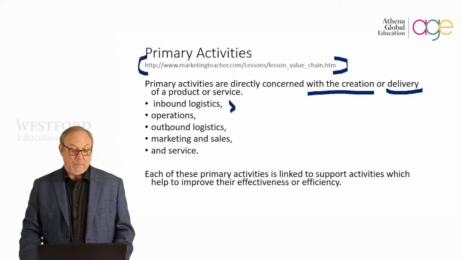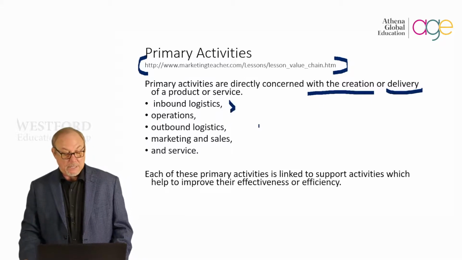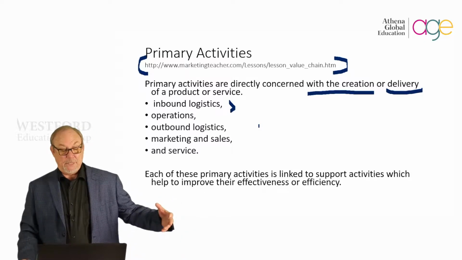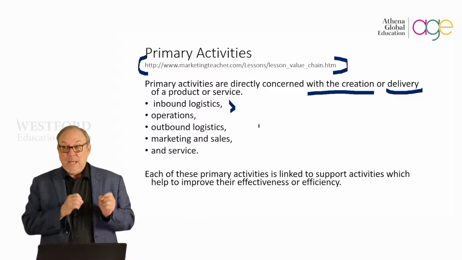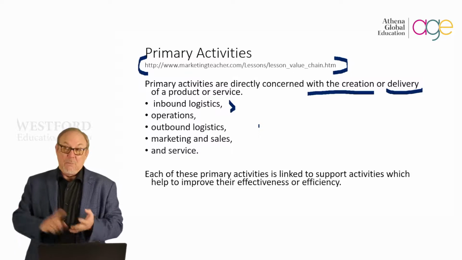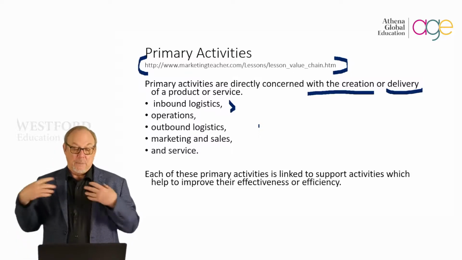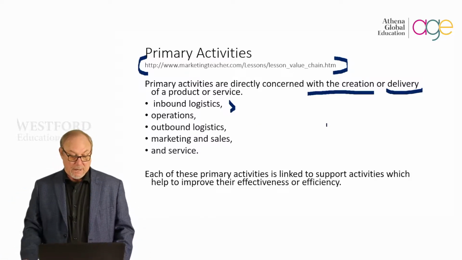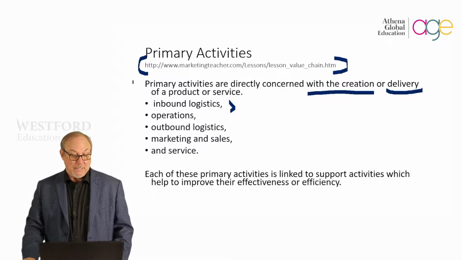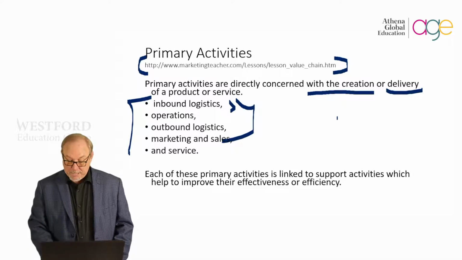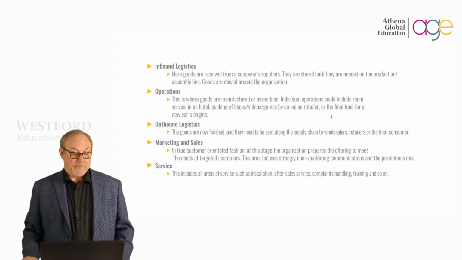Inbound logistics, operations, outbound logistics, marketing and sales, and service. Stuff comes in, you do something to it, you ship it out, you market it, you sell it, and you provide services around it. Each of these primary activities is linked to support activities which help improve their efficiency or effectiveness.